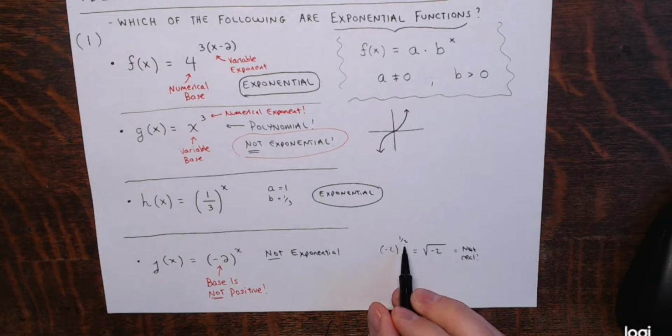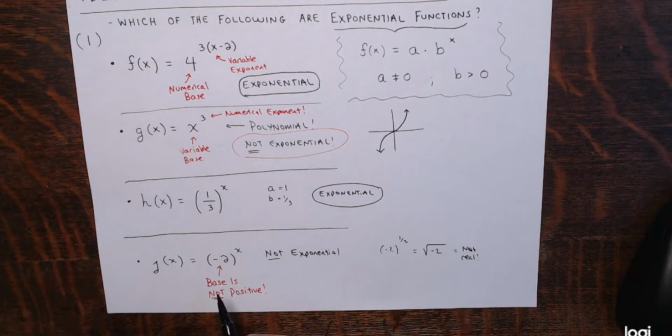You couldn't plug in a half. And the same thing would go for any fraction that has an even denominator. If you plugged in a half, a fourth, a sixth, an eighth, 3/4, 5/2, whatever, this would be a non-real number. So that messes with the domain.